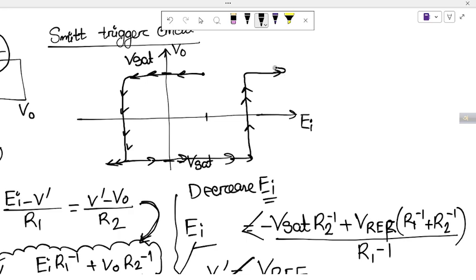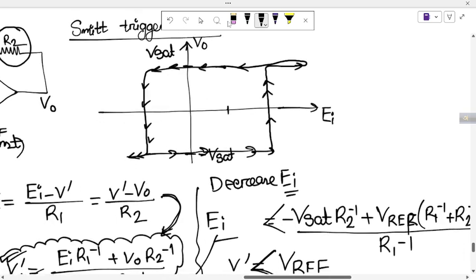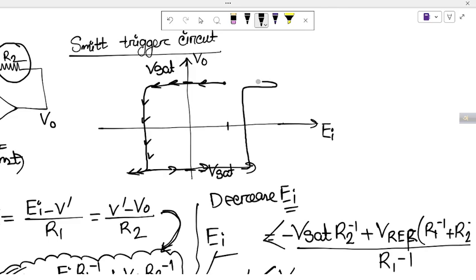Then if I again decrease EI, I get the graph like this. So it's a hysteresis graph. My graph is not symmetrical here, but it should be symmetrical.